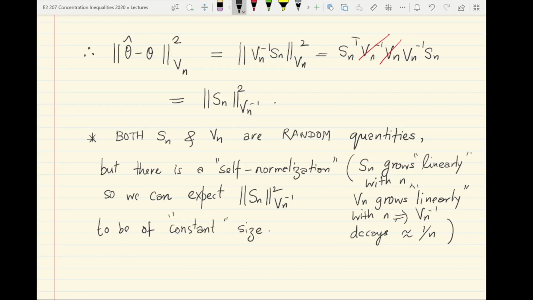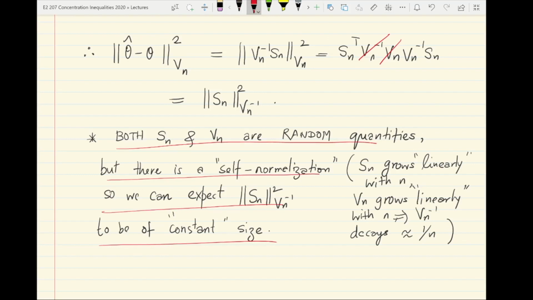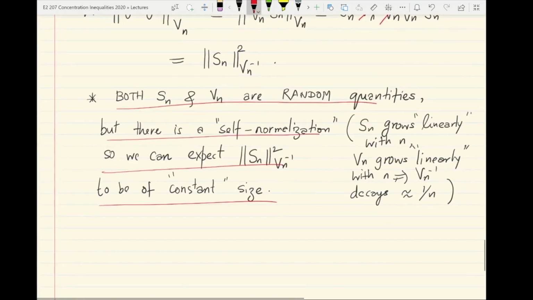Okay, put differently, Sn can grow large, but so will Vn. So Sn normalized by Vn inverse can probably be expected to not become too large. Just as with the fixed design estimate.